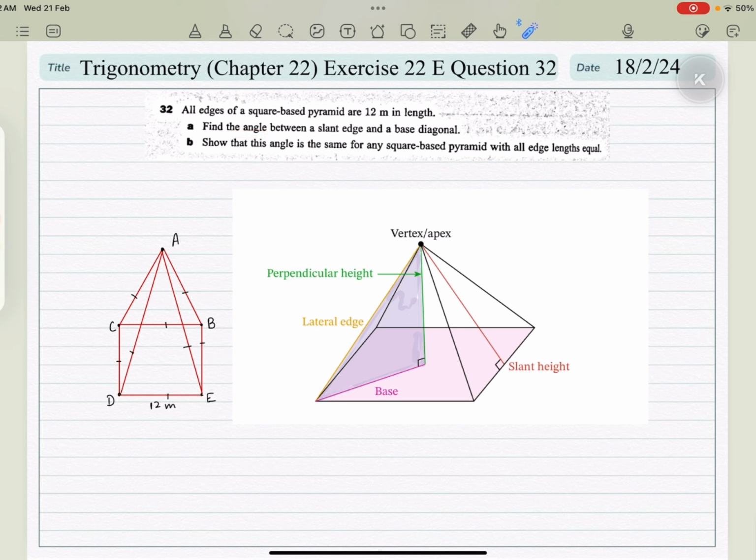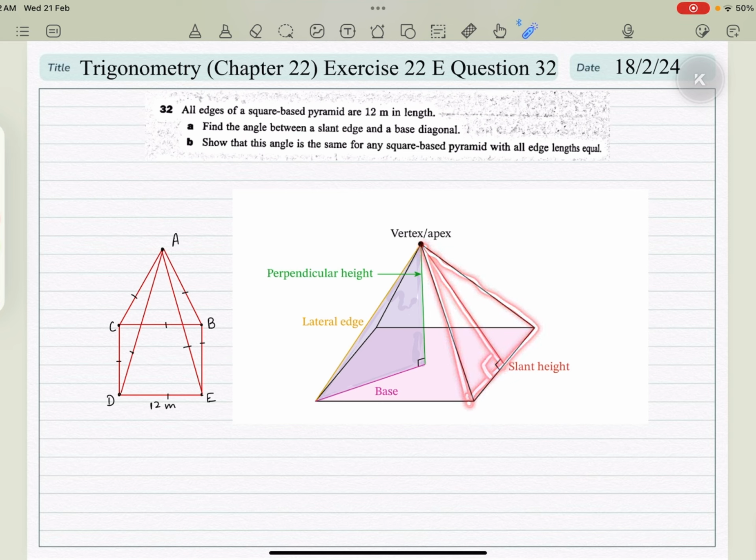Now, first, what is a slant edge? A slant edge is basically this edge, what is also written as lateral edge, this and this. It is not the slant height. Slant height is this, that is perpendicular to the edge of the triangle face of a pyramid.